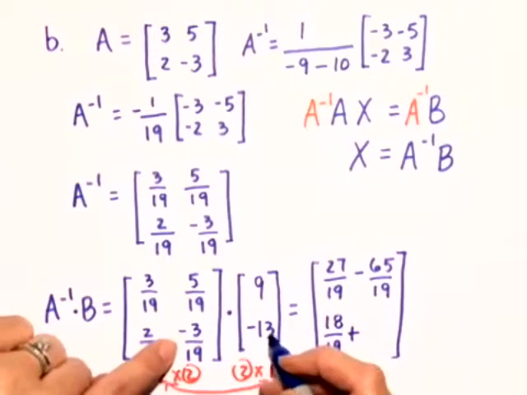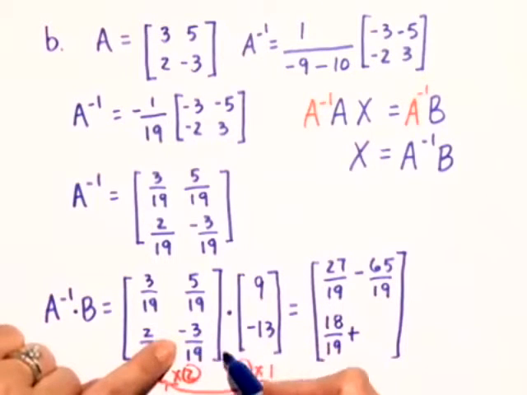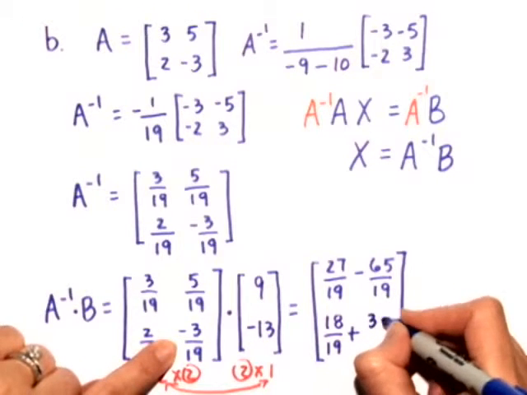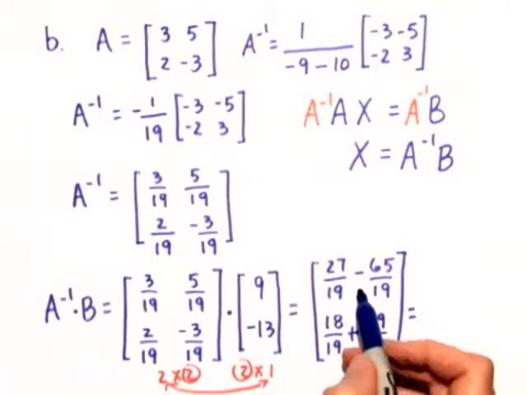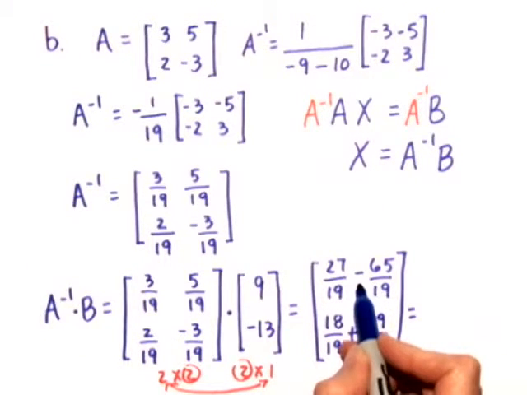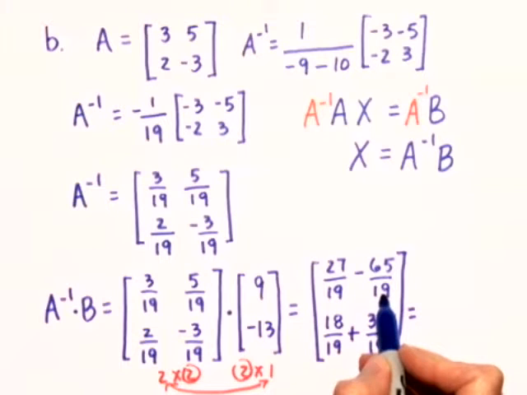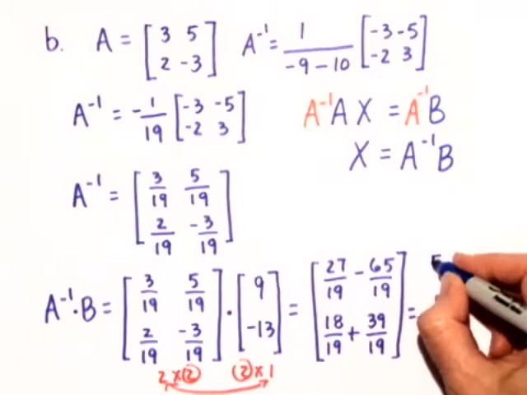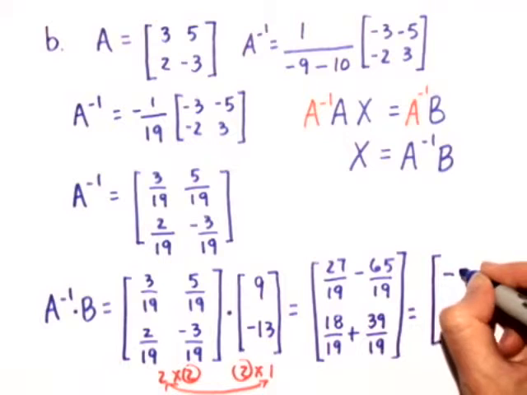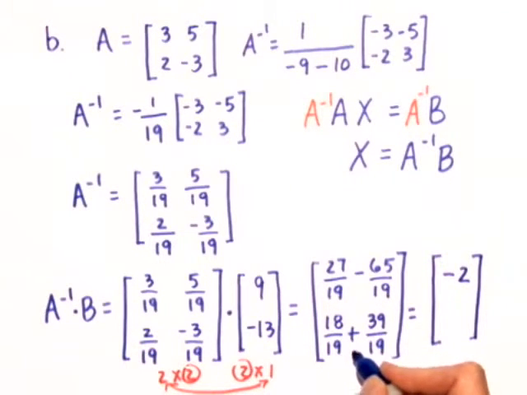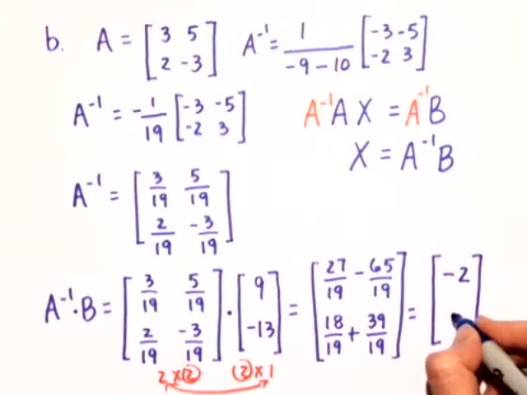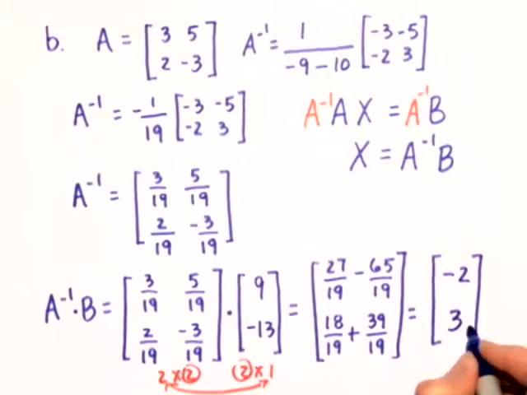Plus, we have negative 3 over 19 times negative 13. That gives us 39 over 19. When we simplify this, 27 over 19 minus 65 over 19 is just negative 38 over 19, which reduces to negative 2. 18 over 19 plus 39 over 19 is just 57 over 19, which reduces to positive 3.